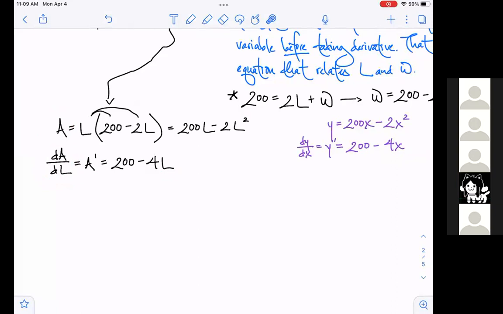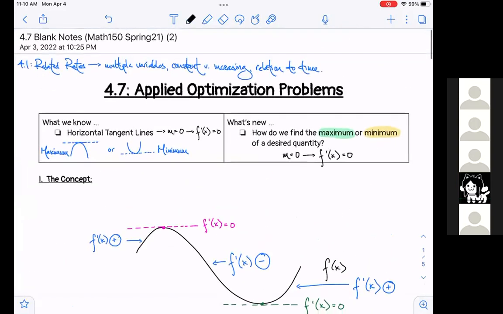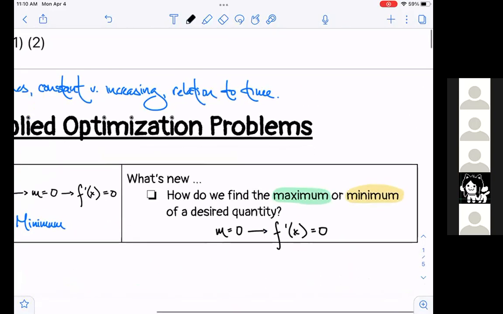When you were doing your related rates stuff, the 4.1 stuff from before break, what was the denominator here? Yeah, that was dt, okay? So I want to go back up to the top and make one modification for what we were talking about earlier, like how do we know if the word problem is going to be related rates or applied optimization, which is this section. And the way we tell is exactly this part.